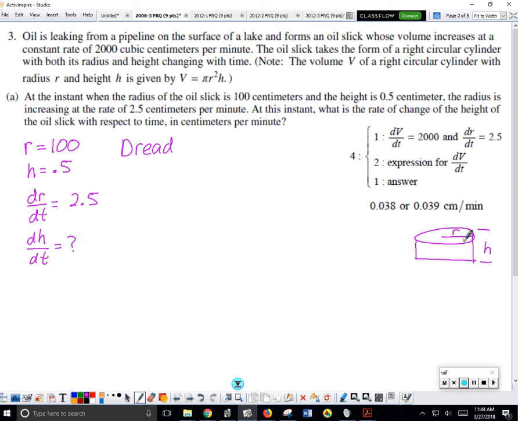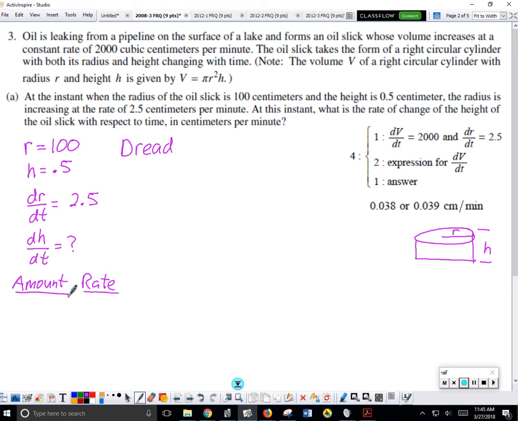I'm supposed to draw Danica's chart, so I'm supposed to have an amount and a rate. And I'm supposed to read and write down the rates. So I'm going to do it again. Let's see. The instant when the radius is 100, that's not a rate.